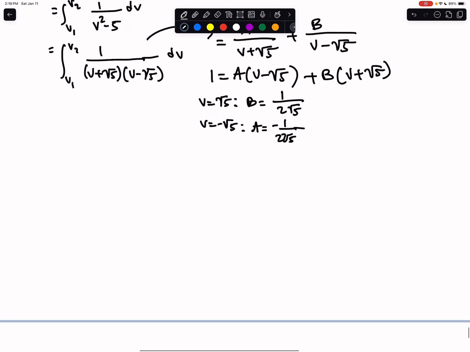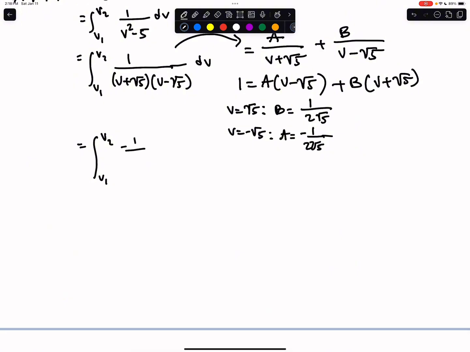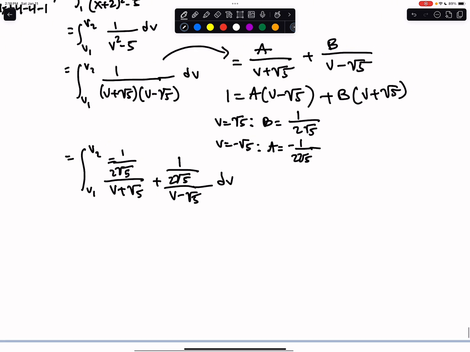So now we're going to rewrite this as the integral from v1 to v2 of negative 1 over 2 root 5 over v plus root 5 plus 1 over 2 root 5 over v minus root 5 dv. It's the same thing, and we justified that through partial fractions decomposition.